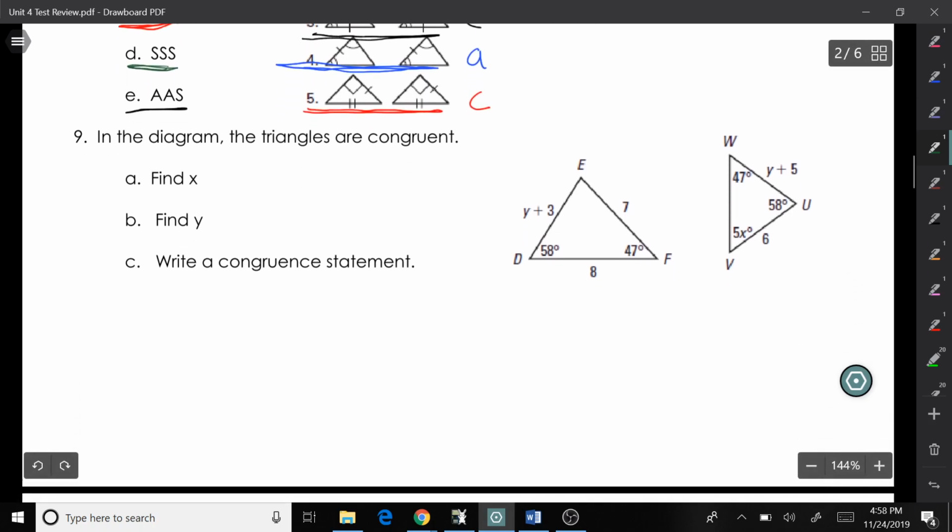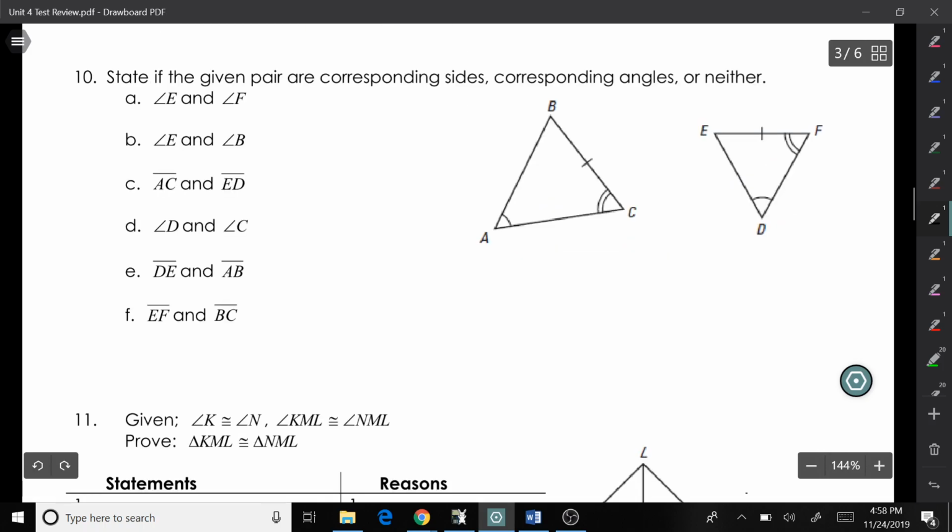All right, number 9, in the diagram the triangles are congruent, find X and find Y. So you may be sitting there, well, how do I know which parts are congruent to which parts? 58 degrees, 58 degrees, 47 degrees, 47 degrees.